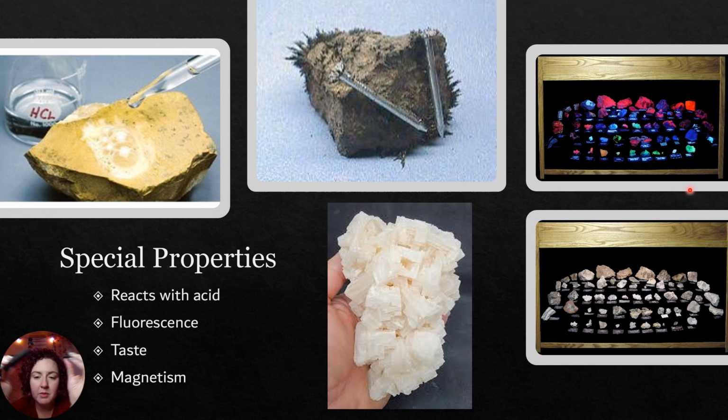You'll be able to see that. So some are magnetic. Some are fluorescent. So if you look at the picture right above my head, the dull colored ones, those are the regular minerals. But then if you place them under a UV light, they do change colors to fun fluorescent colors.